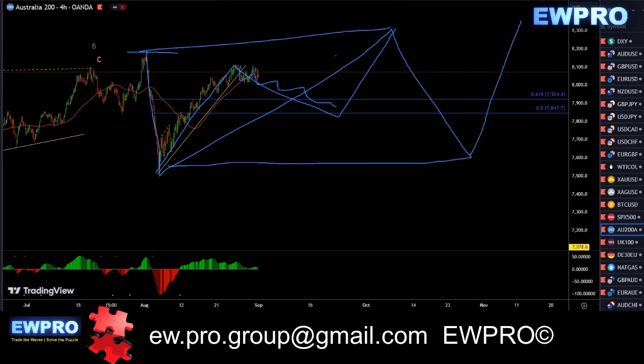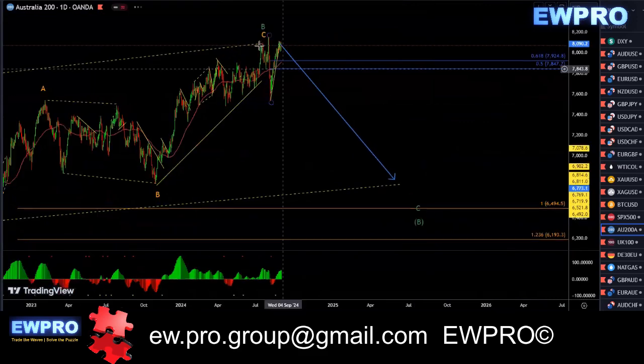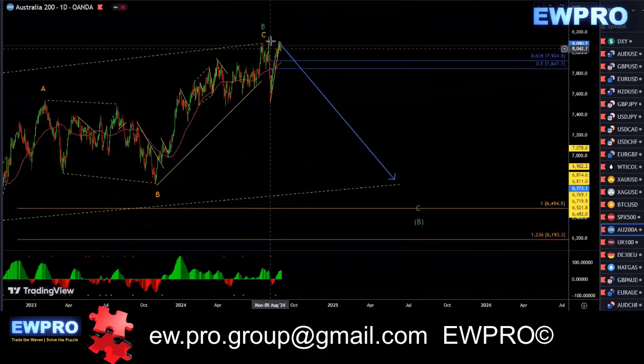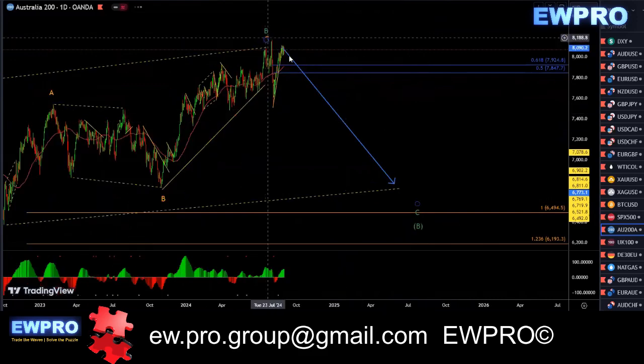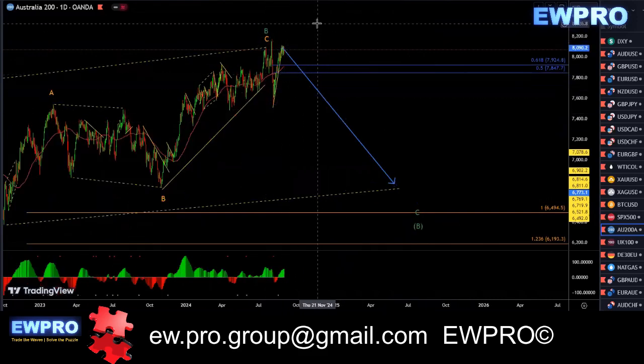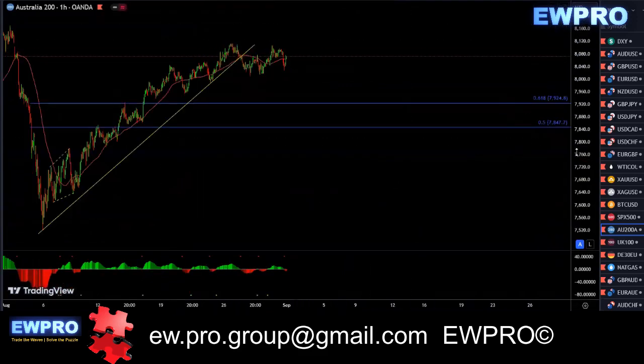It's not really fitting in with my daily structure that I'm looking at with this larger C down, this is a weekly C down. But there's still maybe more upside before we get that wave C down. You're pretty much just waiting for a correction in here to buy, just to go and break the top.